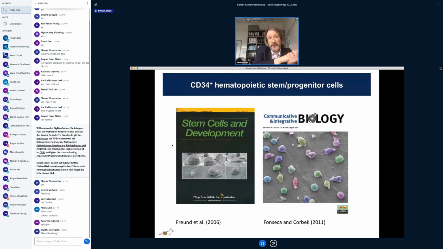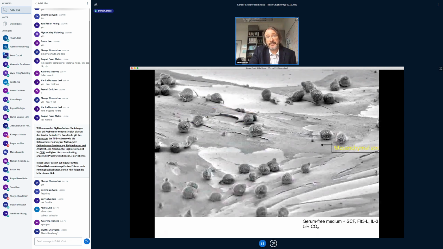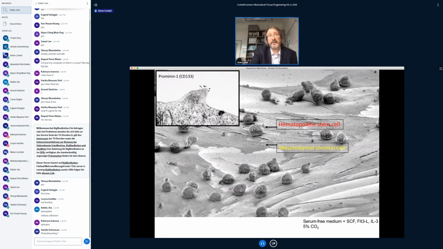Two weeks ago, I was talking about the hematopoietic stem cell, and I was always saying, as in the beginning of the talk, that what we found in one cell type, like epithelial, is also true for other cell types. We used the hematopoietic stem cell growing on top of mesenchymal stromal cells, and again, CD133 is found on the tips of the protrusions of these cells.